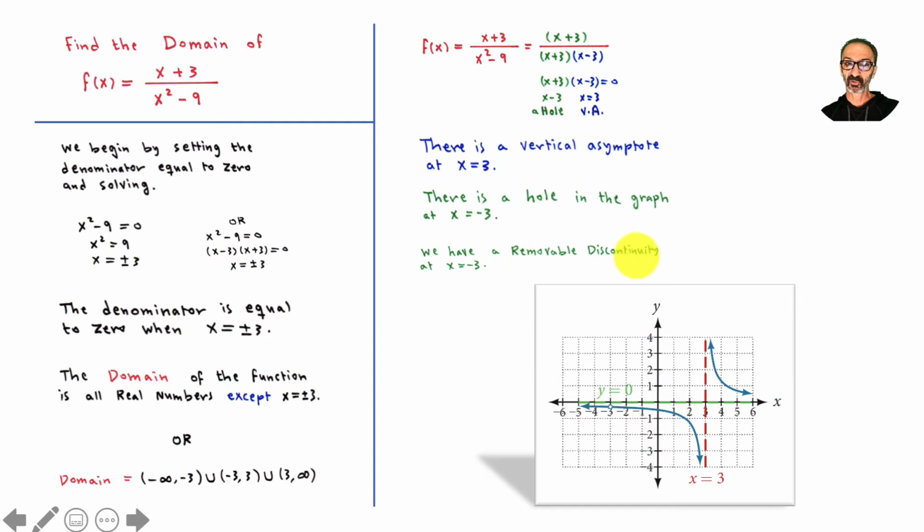Why do they call it removable? Because I could redefine this function and call g of x equals this when x does not equal negative 3. And on the second line, as a piecewise defined function, I could fill it in and make it continuous.